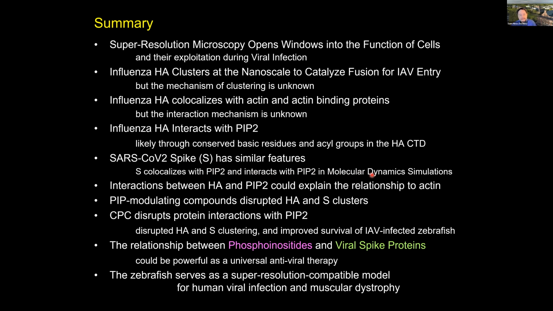Individual positions of atoms. So these interactions between HA and PIP2, we think, explain the dependence of the virus on phosphoinositides, the interaction between HA and actin, and also offer a pharmacological attack that we can make on many viruses.